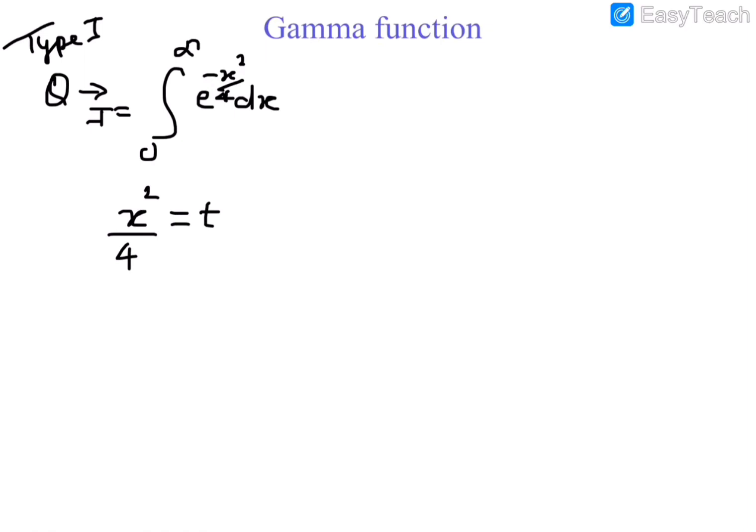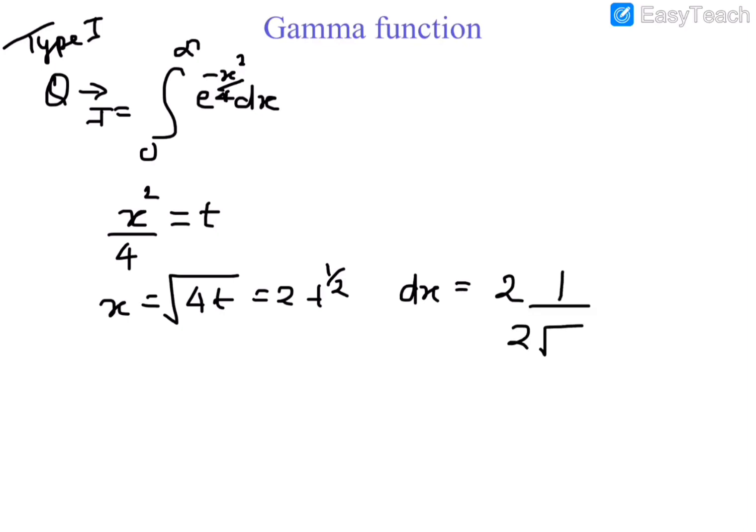So obviously what is x? x is equal to under root of 4t, and therefore you can say it is nothing but 2 times t raised to the power half. And therefore what is your dx? dx will be equal to 2 times 1 by 2 root t. So this 2 will cancel out, and it will be equal to t raised to the power minus half.